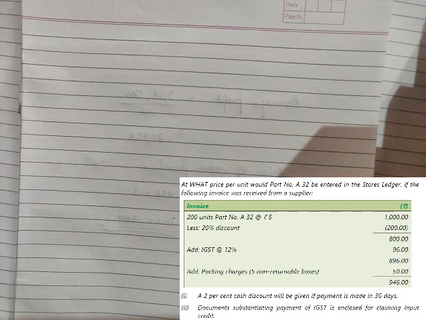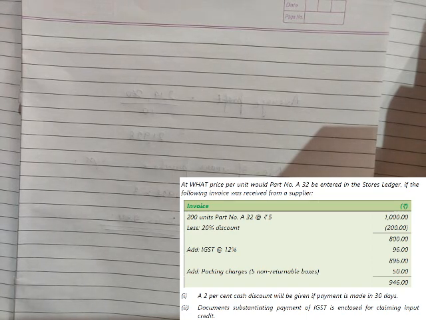So in the invoice we see that the cost was 1000 rupees. We got a 20% discount of 200. Now since this is shown, this amount has been reduced from the purchase price itself and then GST has been charged. So it is actually a trade discount. And plus there was packaging charges of 50 rupees.